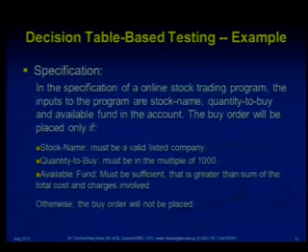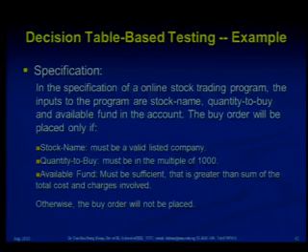Okay, now we look at a simple example. This is the specification, a simple specification. So we analyze this simple specification and apply cause-effect testing. This specification says that this is an online stock trading program. The input to the program is the stock name, the company name, quantity to buy, and available fund in the account.